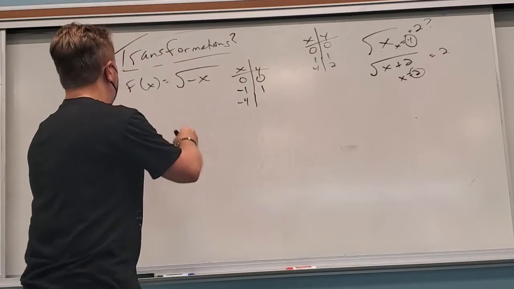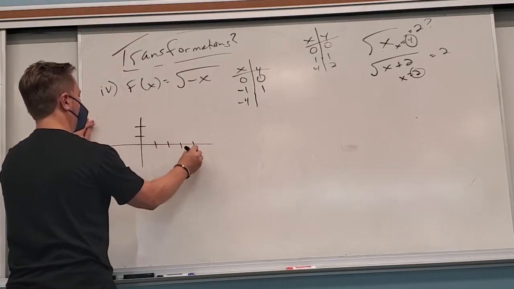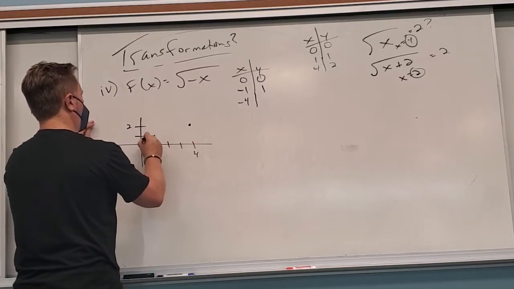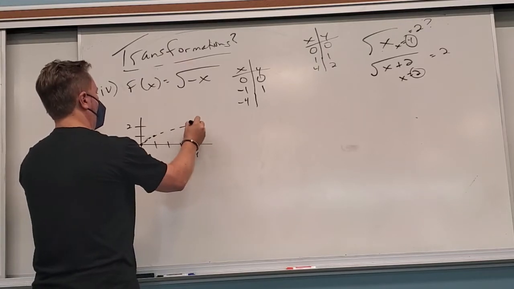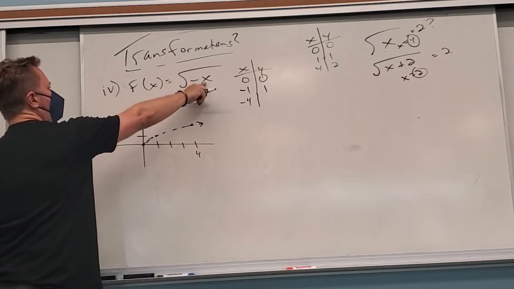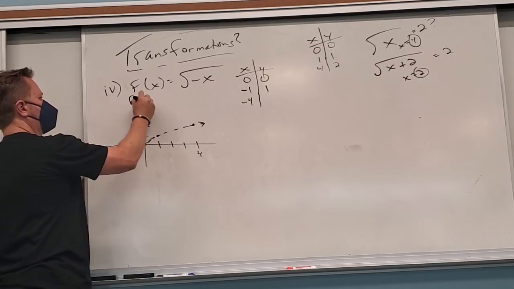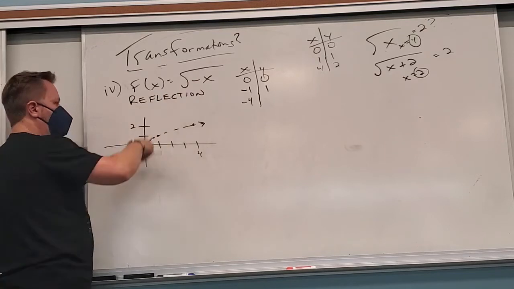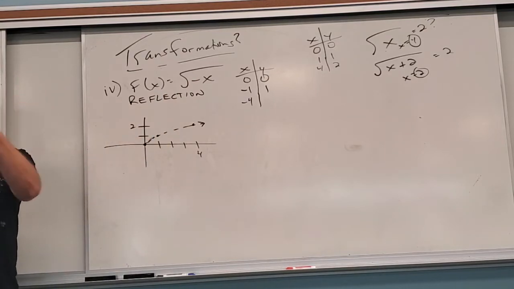So what does that do visually? Well, it used to be this. Now every input just reflects. This is a reflection around the y-axis, because, isn't that a left and right switch?